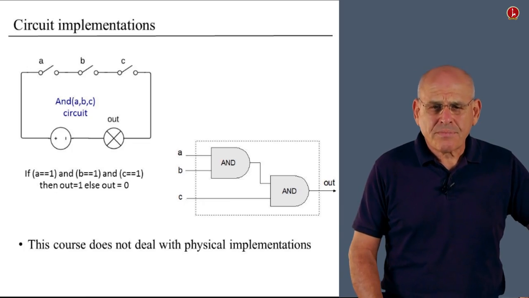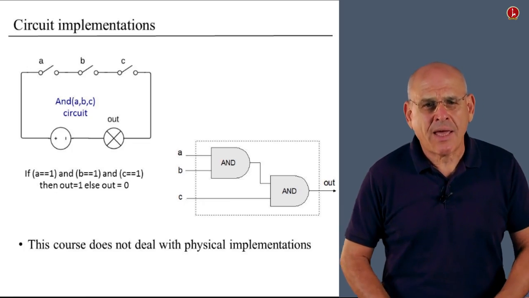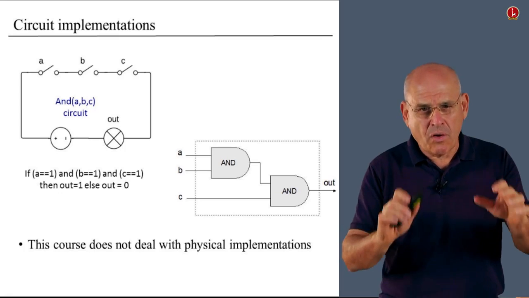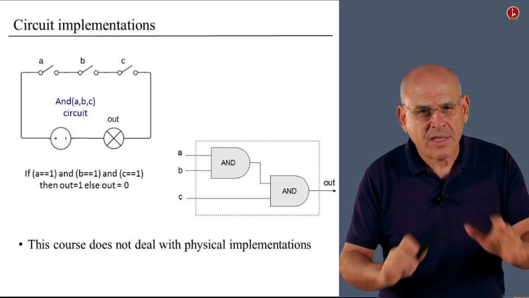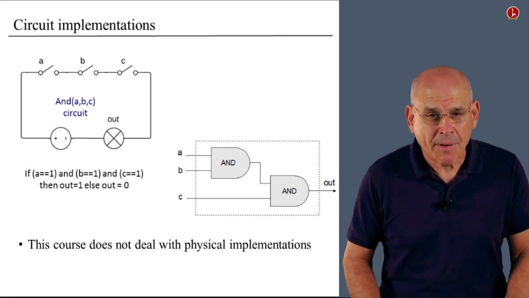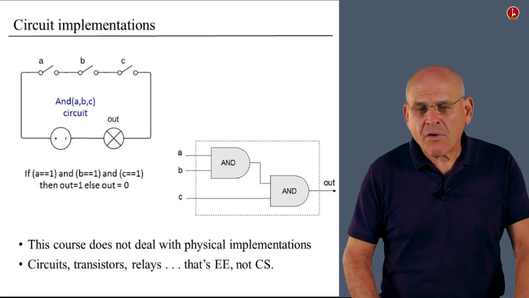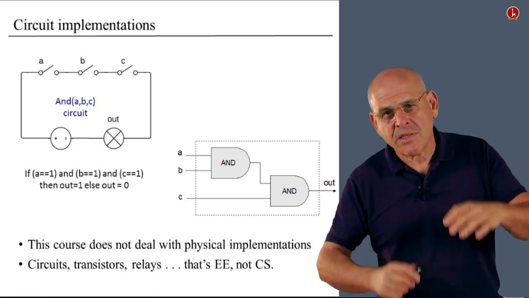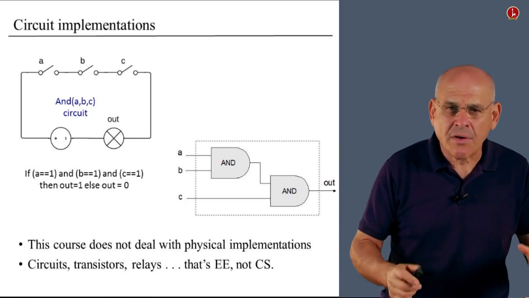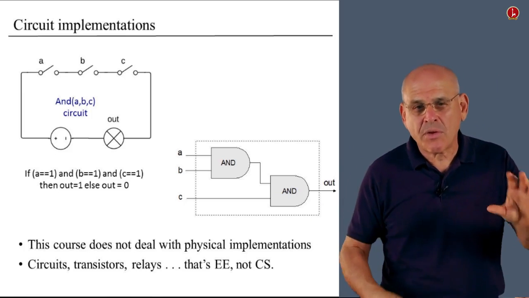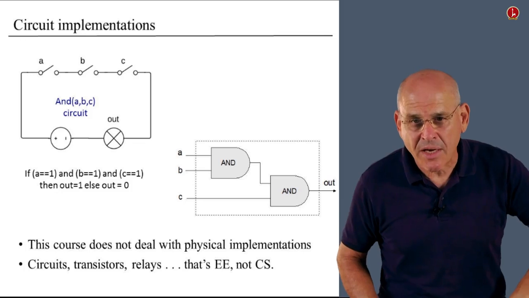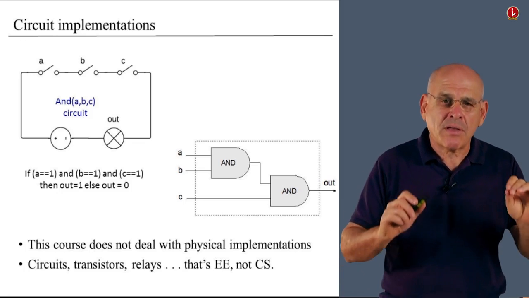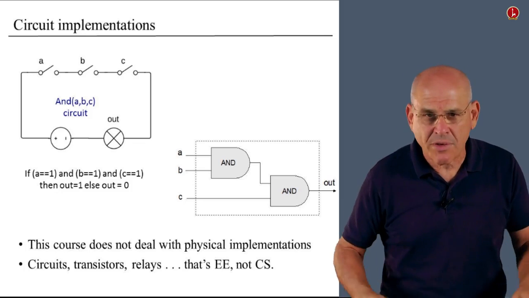And I want to start by saying that in this particular course, we don't deal with physical implementations. And therefore, this whole discussion of circuits, transistors, relays, and so on, all this stuff, and what you see in the top left corner of the screen here, this is electrical engineering. It's not computer science.